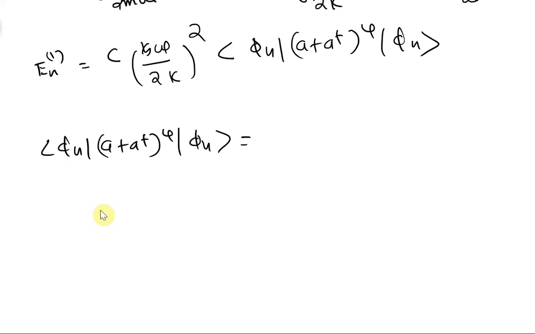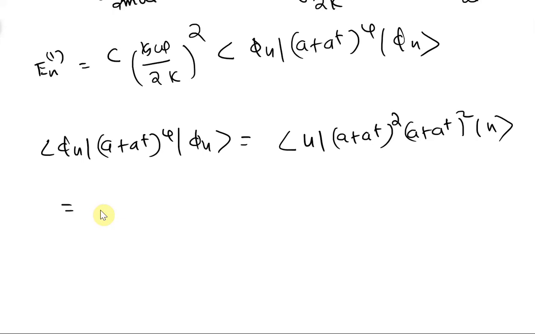I'll just modify this a little bit: ⟨n|(a + a†)^2 (a + a†)^2|n⟩. This φ_n is an orthonormal system.